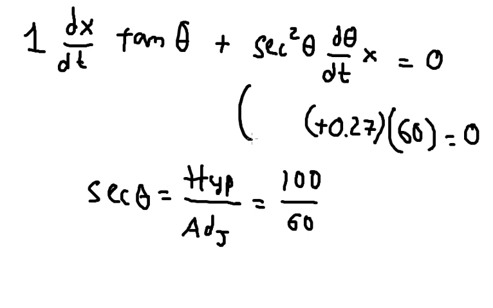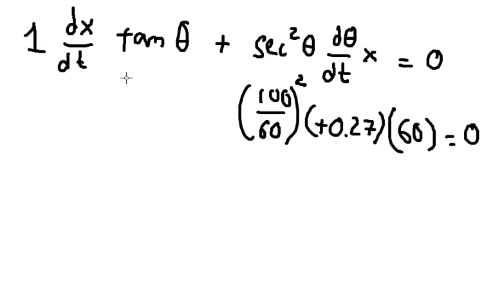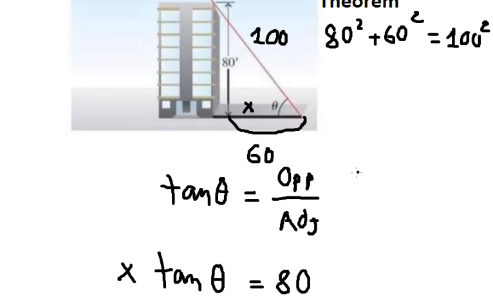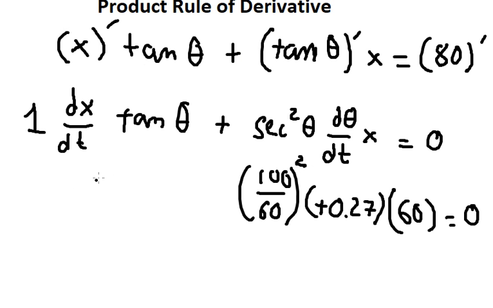So we put 100 over 60 with the power of 2. Now let's go to tan theta. That is opposite divided by adjacent. Opposite we have 80, adjacent is about 60. This one we have number 1.